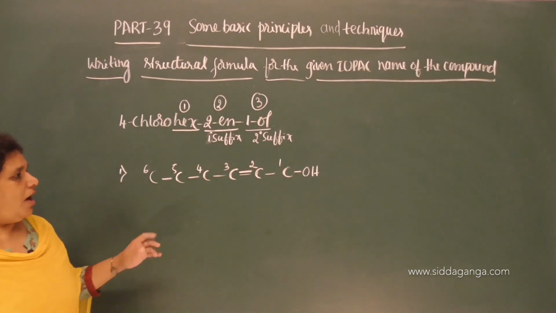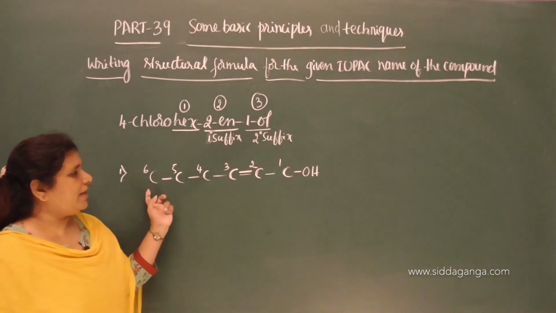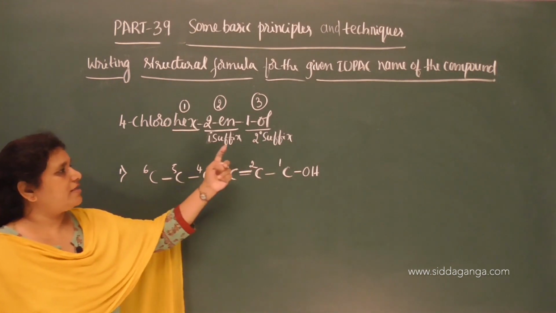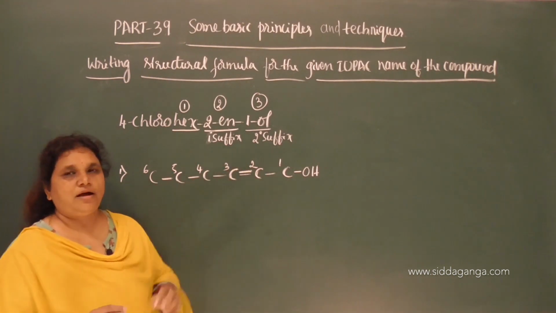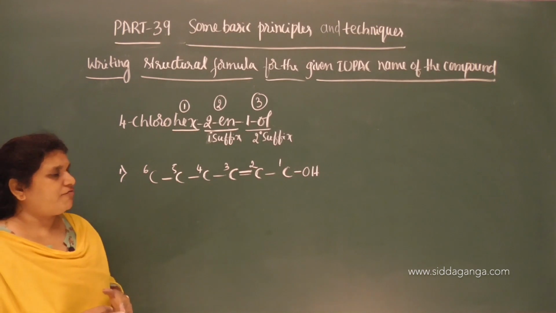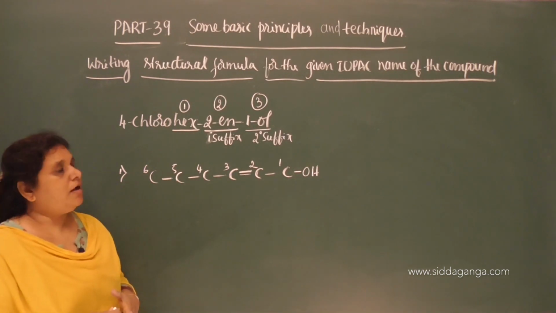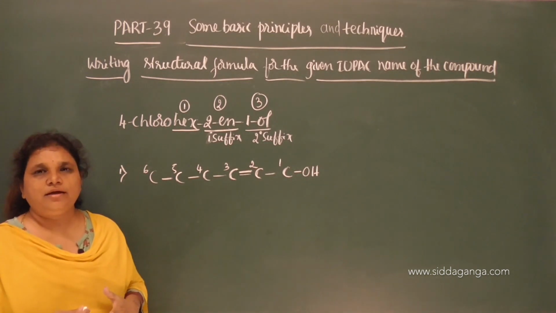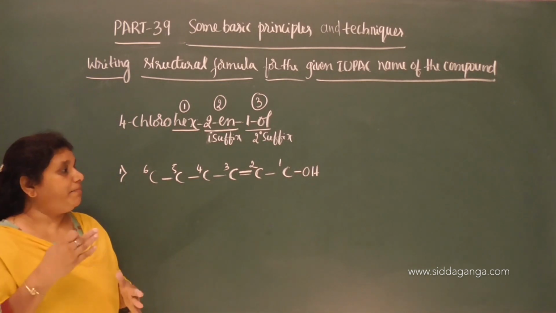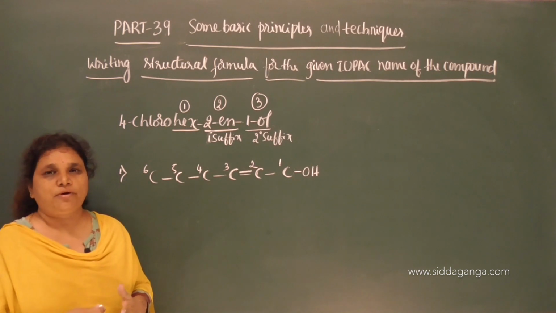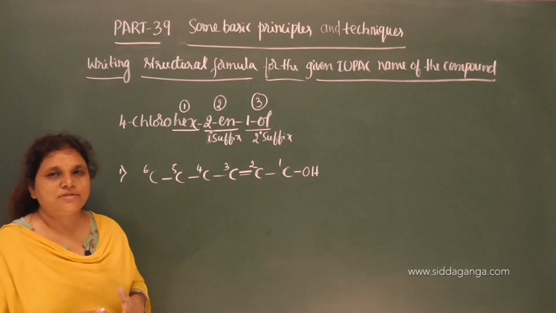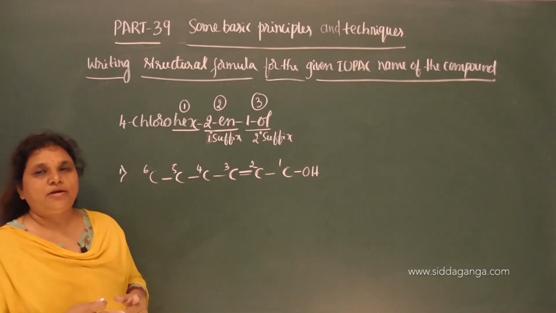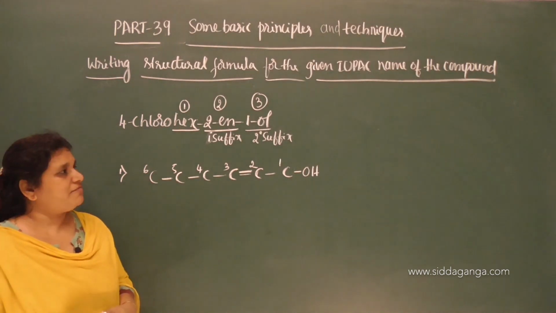Now, after writing the carbon skeleton, second step, we need to number the carbon atoms of the carbon chain from one end to the other end. On the basis of primary suffix, identify the multiple bonds and place the double or triple bond on the proper carbon atoms on the basis of the locant before the primary suffix.